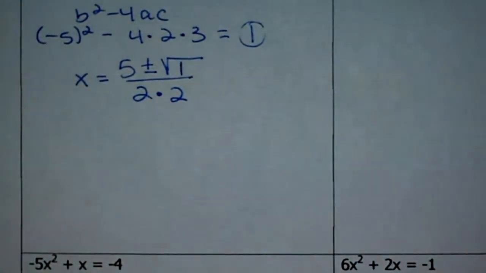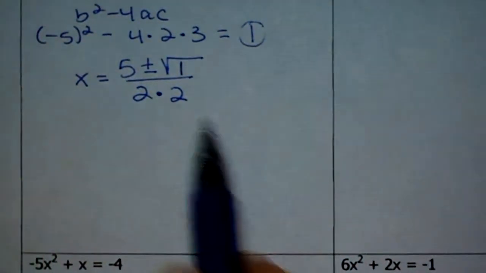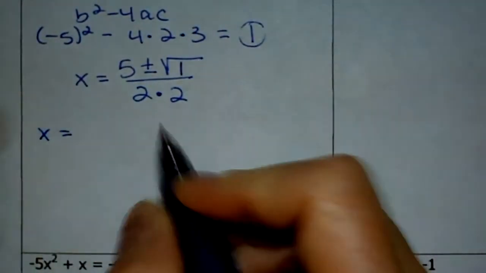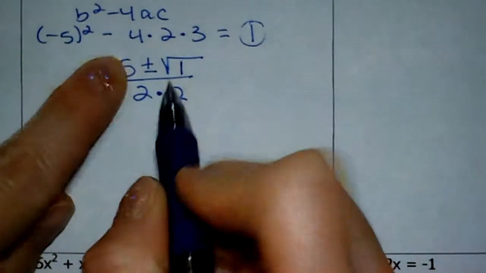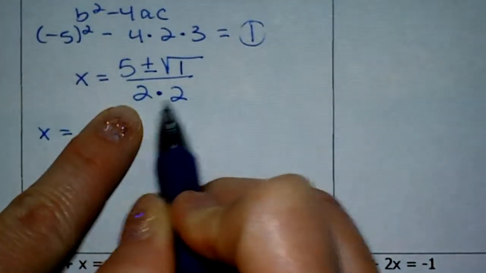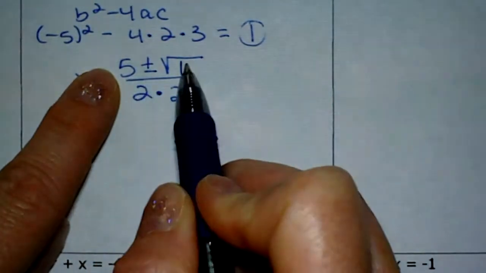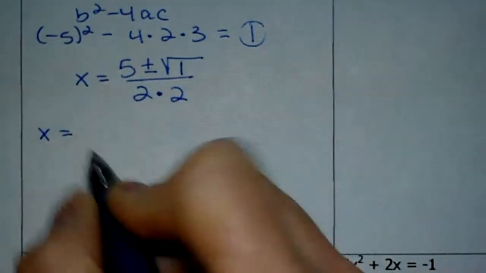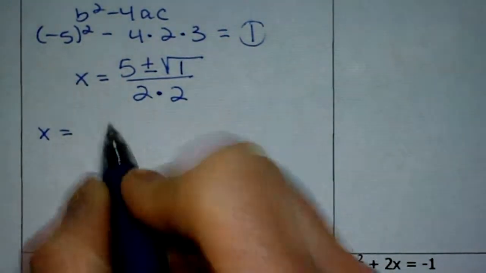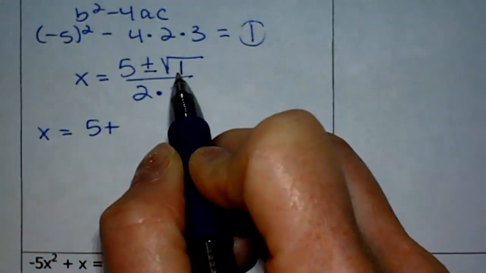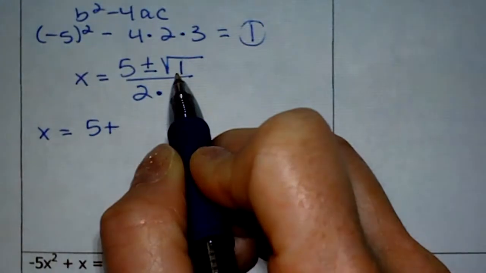Okay, so basically there are 2 solutions, right? X can be equal to 5 plus the square root of 1 divided by 4, since 2 times 2 is 4. Or x can be equal to 5 minus the square root of 1 divided by 4. So what is the square root of 1? It's 1. If you didn't know that, you'd hit second x squared 1, but 1 times 1 is 1.